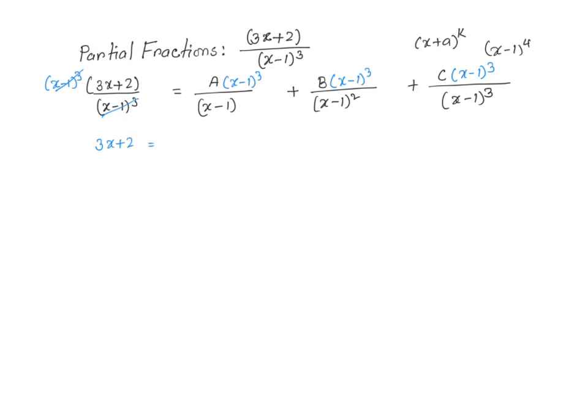And on the right, you're going to have A times (x minus 1) whole square, since x minus 1 goes into x minus 1 cube as x minus 1 square, plus B times x minus 1, plus C times 1, because that cancels out.